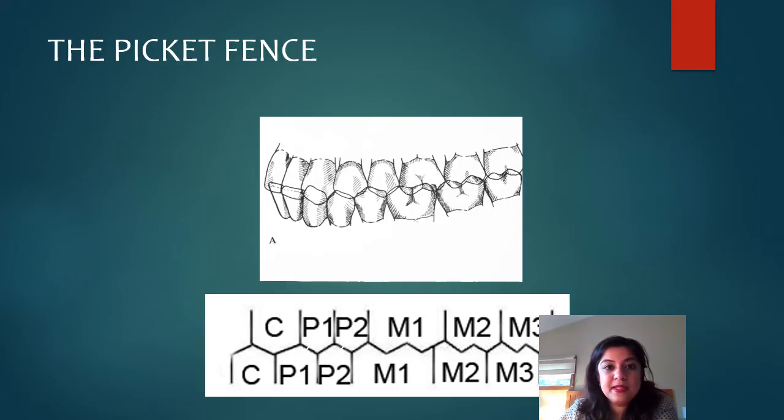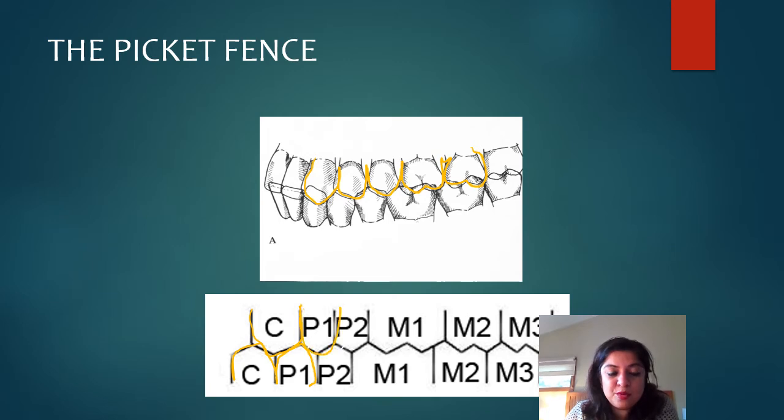All right. So if you look at a good bite where the upper teeth are in good contact with the lower teeth, it creates this picket fence kind of look. And this is sometimes a question they ask on the board. It looks like a picket fence. So you just need to know the upper canine is coming in occlusion with the lower canine and the lower premolar.